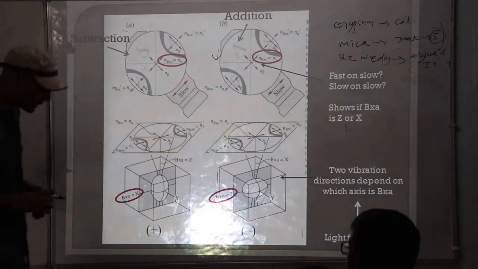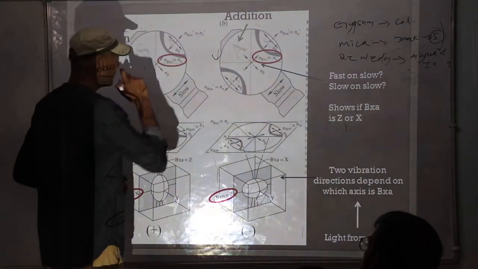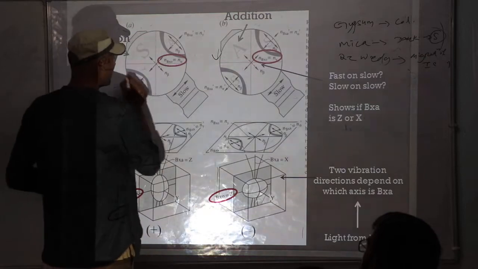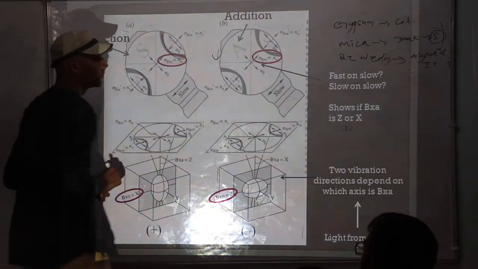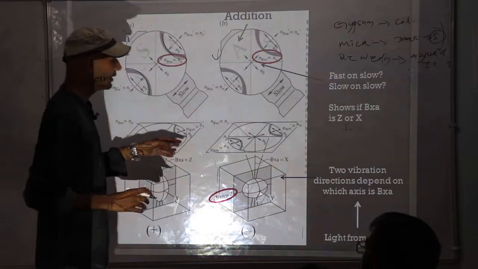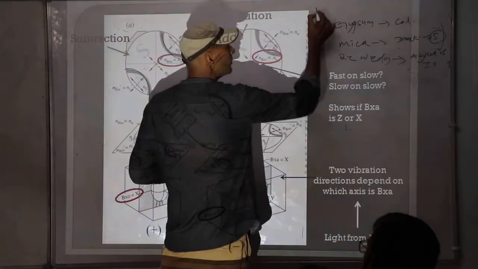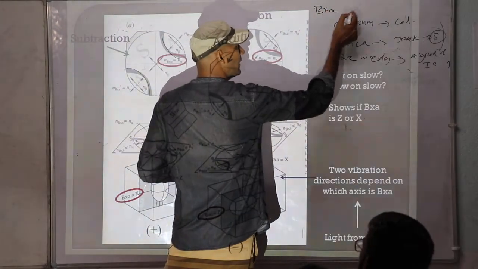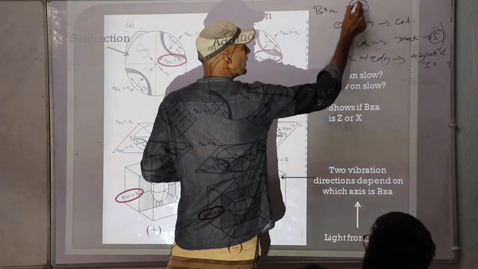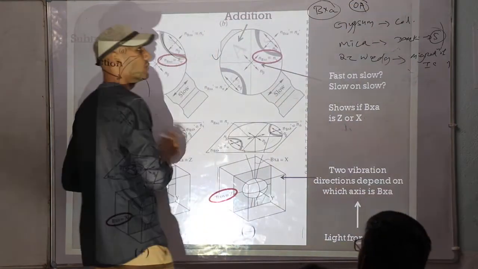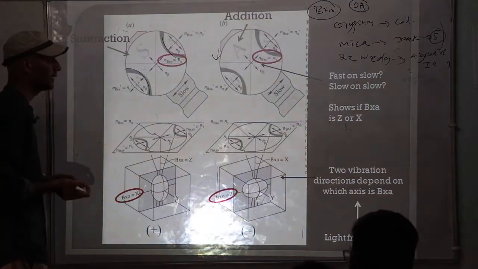So see here what happens in the biaxial case. As I have told you, these are the two melatopes. In biaxial minerals you can use the BXA figure or the optic axis figure. Only these two figures are used to determine the optic sign.